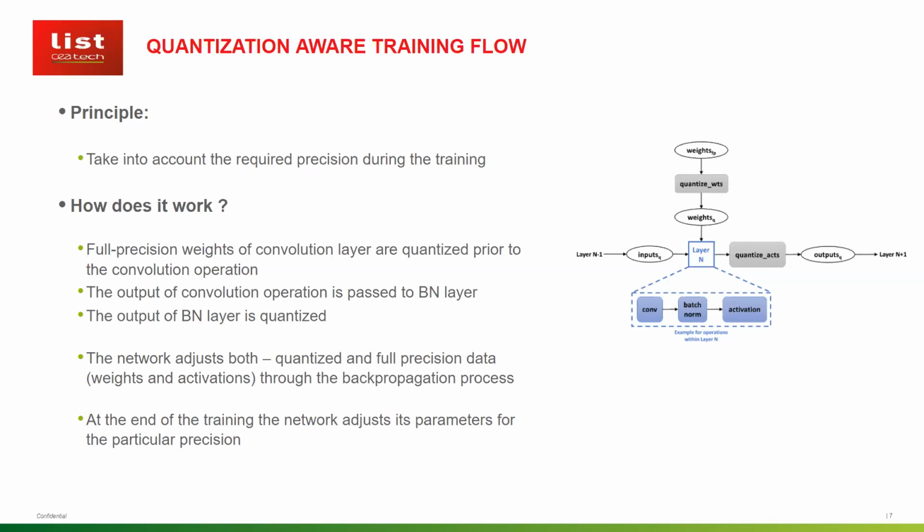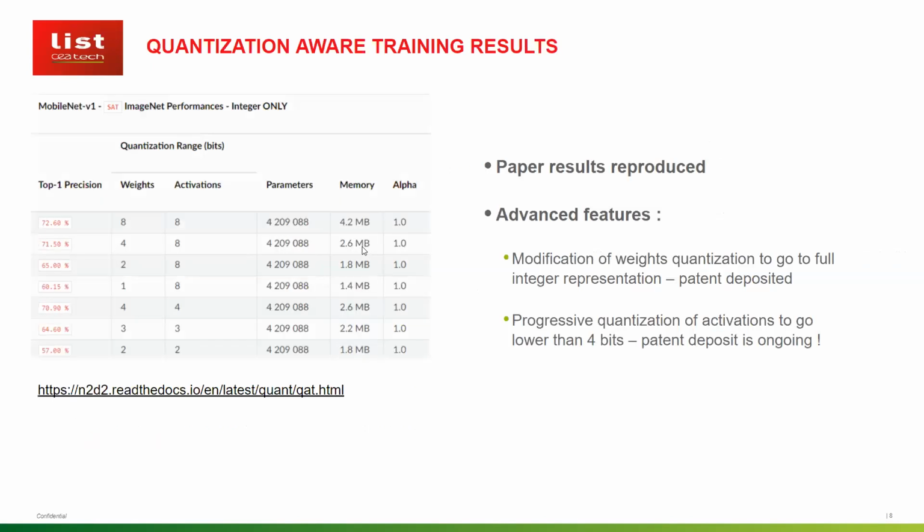So during the training, we keep track of all of those quantities for weights and activations if we quantize them both. And we do it through the classical backpropagation process. So at the end of the training, the network adjusts its parameters for the particular required precision. So we can move to the next slide.